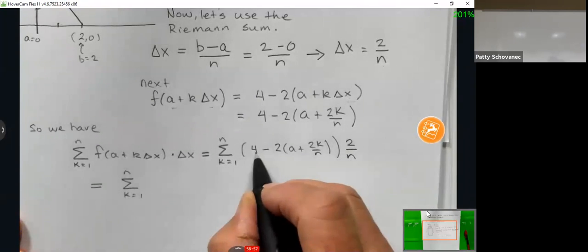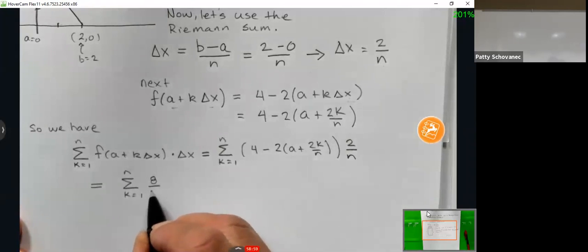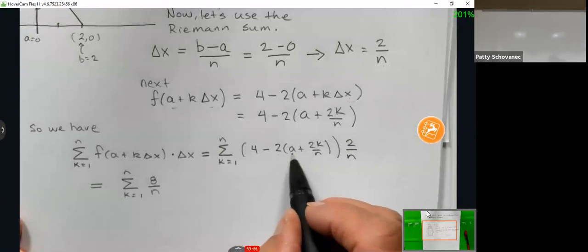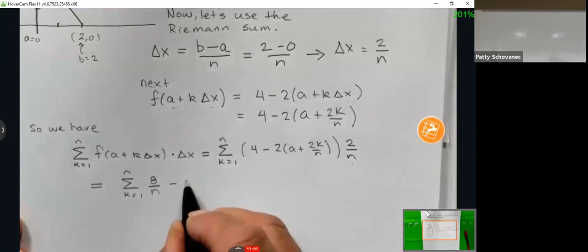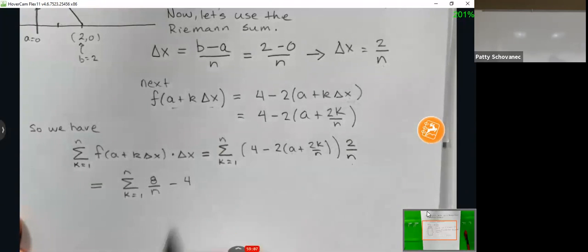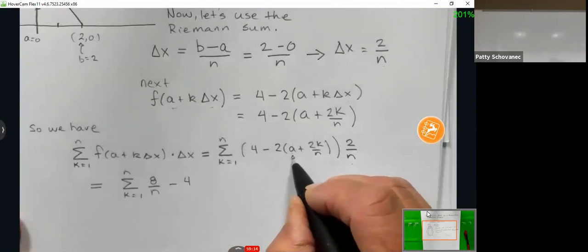So 2 over n times 4 gives me 8 divided by n. This is a minus 2a times 2 over n gives me a minus 4. Oops, we know what our a is. Our a is 0.